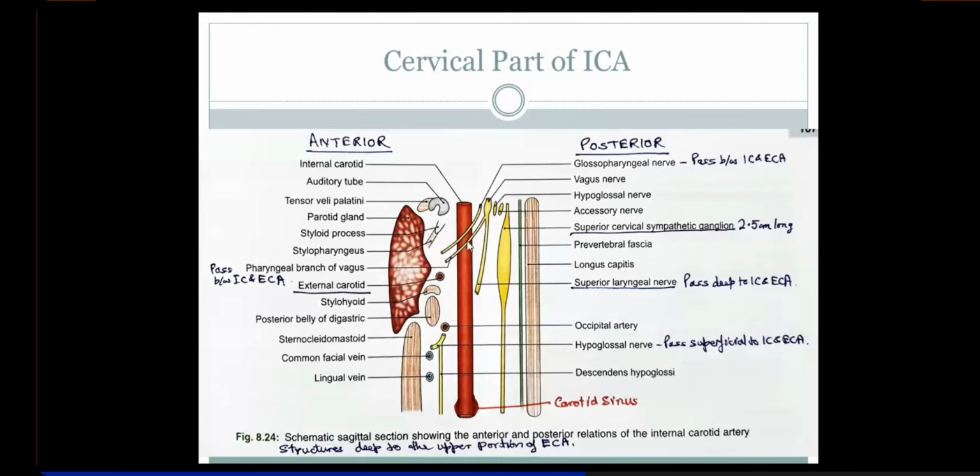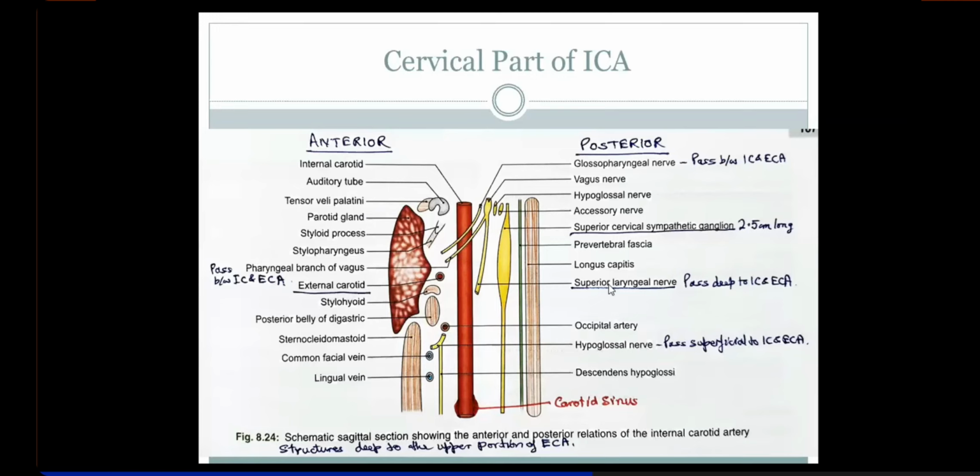So the pharyngeal branch of vagus and the glossopharyngeal nerve pass in between the external and internal carotid arteries. Remember, this must have been taught in the carotid triangle, and this is very commonly asked: what are the structures passing between the external and internal carotids? Then what passes deeper to both these arteries? That is the superior laryngeal nerve. The superior laryngeal nerve passes deep to both the internal and external carotid arteries. Okay.